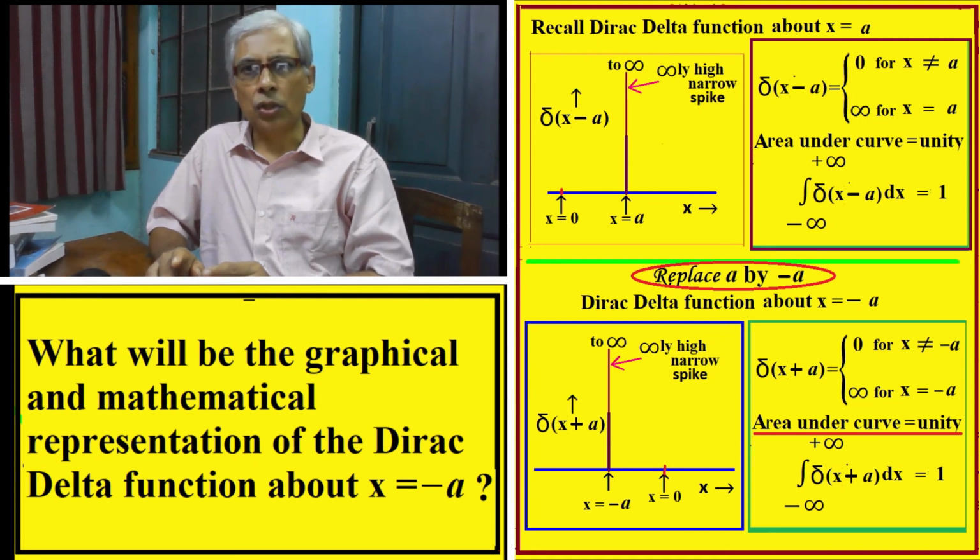At x not equal to minus a, the Dirac delta of x plus a is 0, while at x equal to minus a, its value is infinity, in such a way that the area underneath is unity.